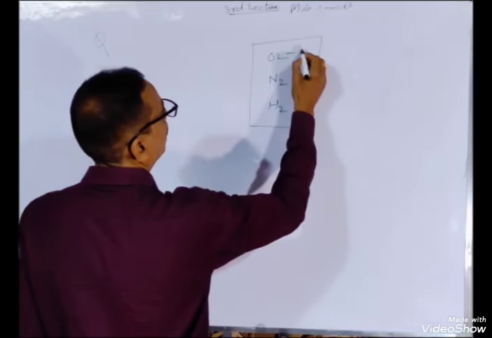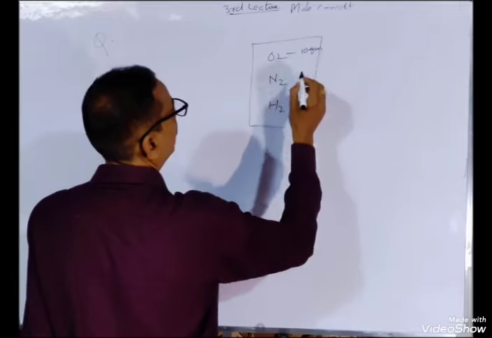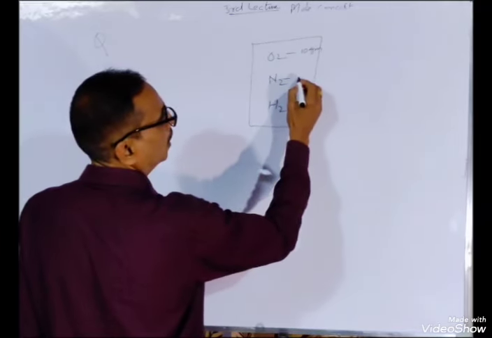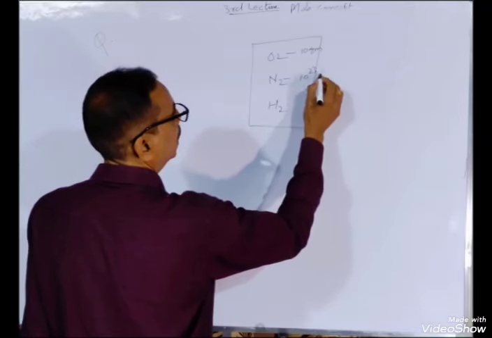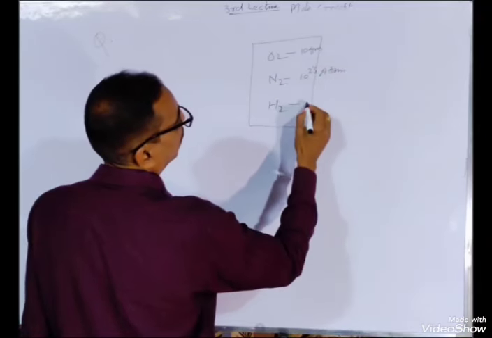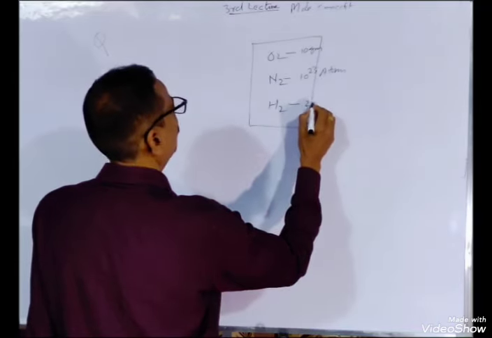Oxygen is 10 gram, nitrogen 10 to the power 23 atoms, and hydrogen 2 moles.